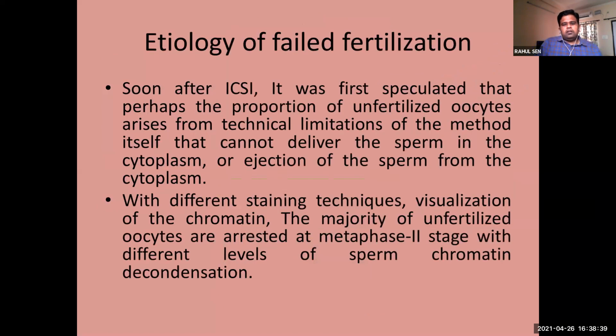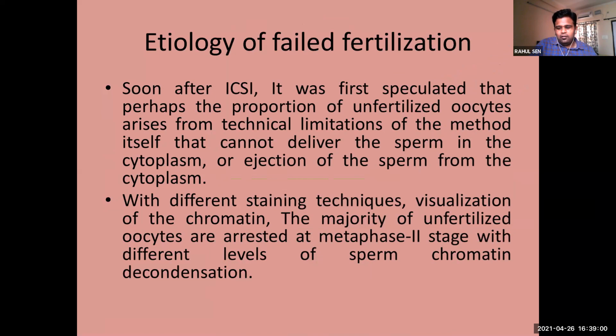So what is the process or the physiology behind this failed fertilization? Soon after ICSI, it was speculated that perhaps the proportion of unfertilized oocytes arises due to technical limitations.